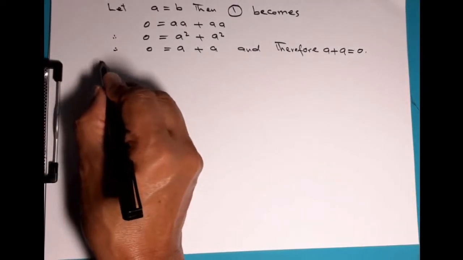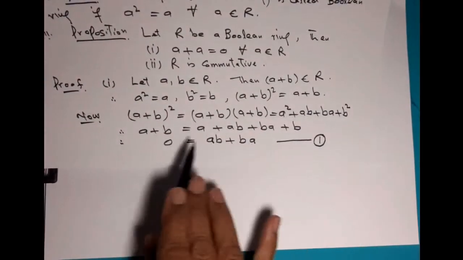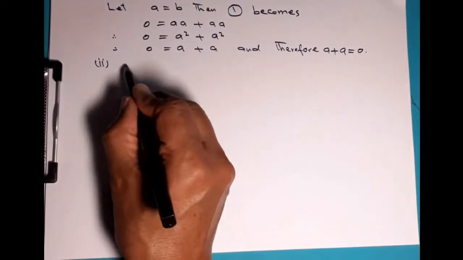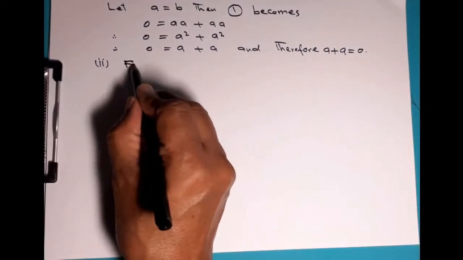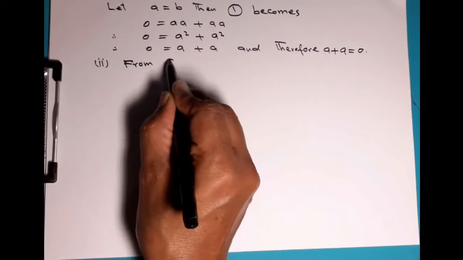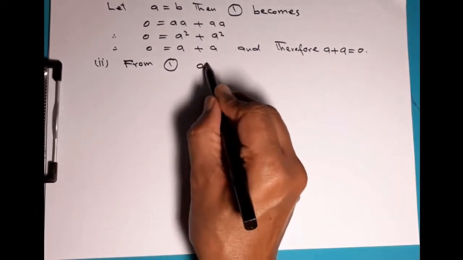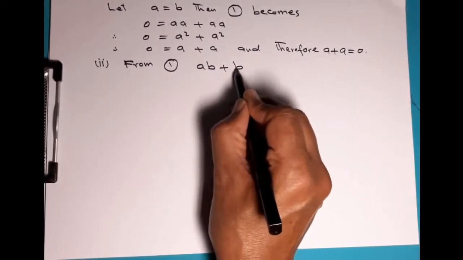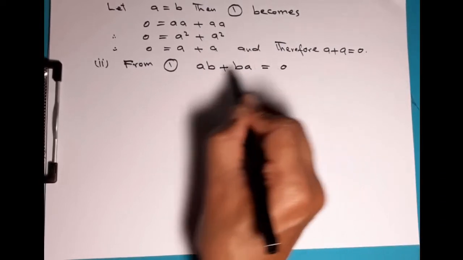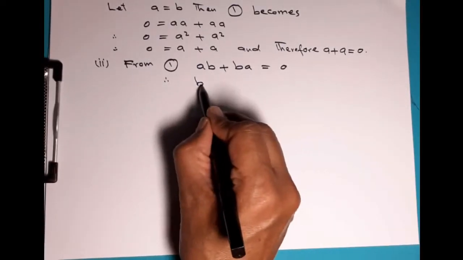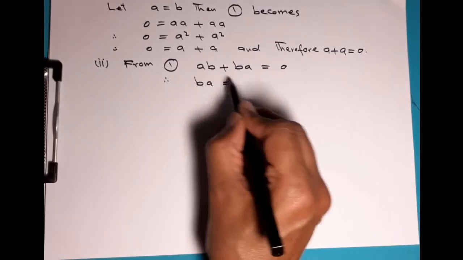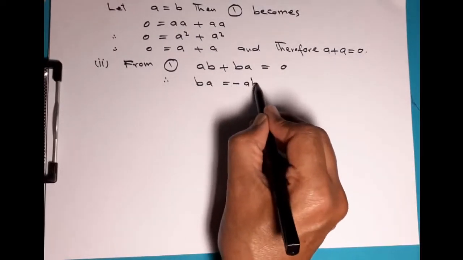For the second condition, we have to prove that R is commutative. In order to see that R is commutative, first we note that from 1, ab plus ba is equal to 0, and therefore ba is equal to minus ab.